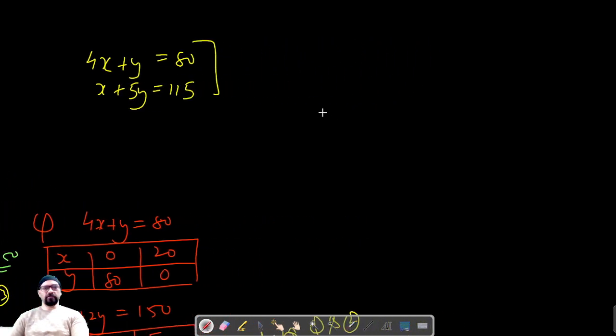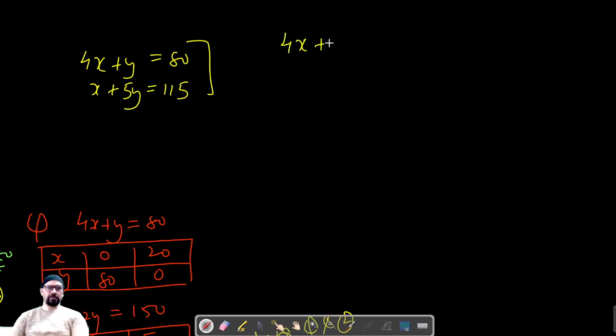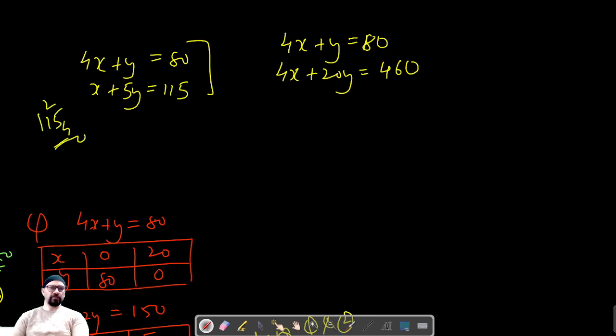Okay, and if I try to solve this using the elimination method, this is 4x plus y is equal to 80, and this is 4x plus 20y is equal to 460.